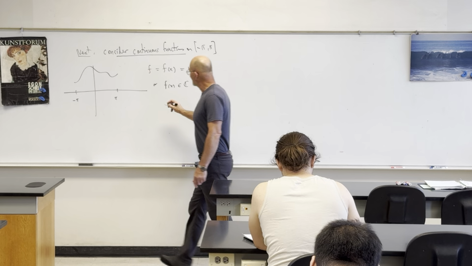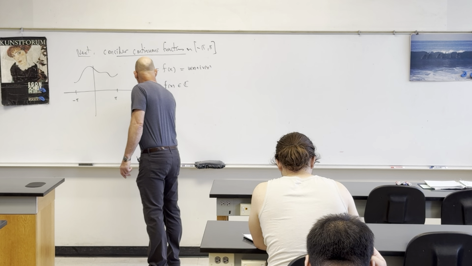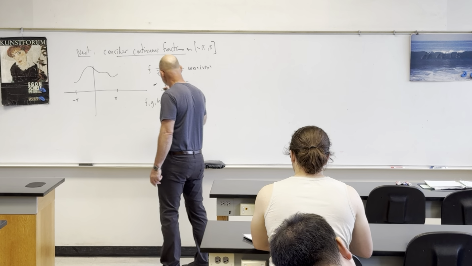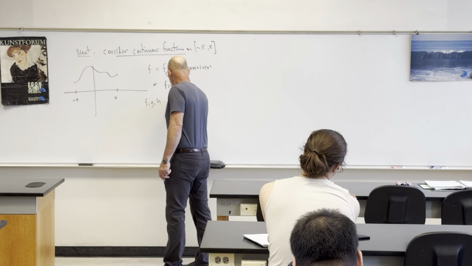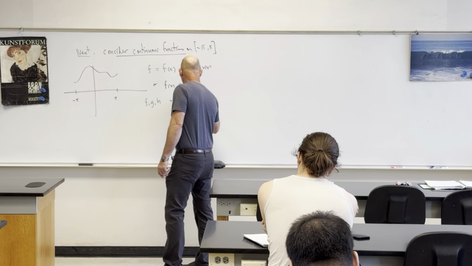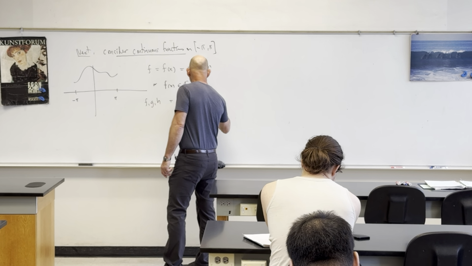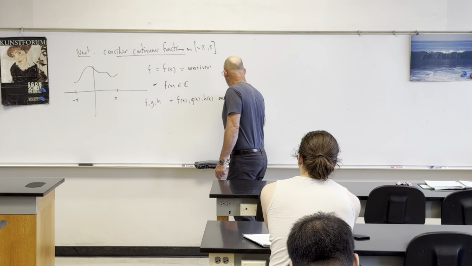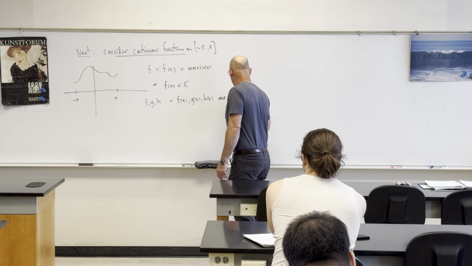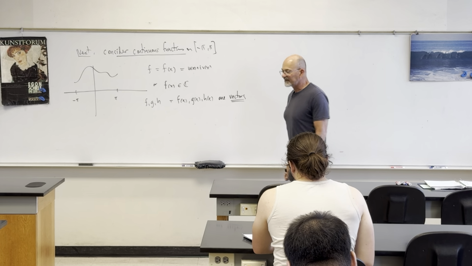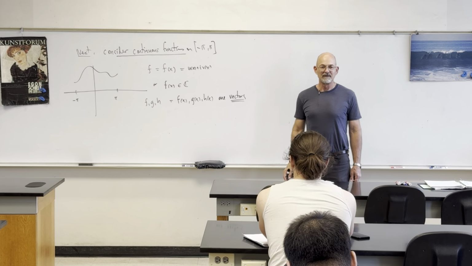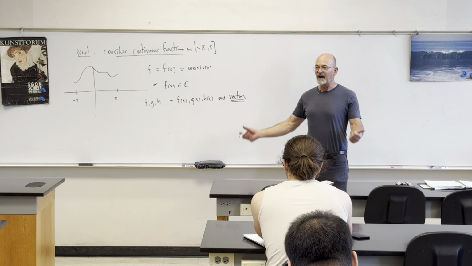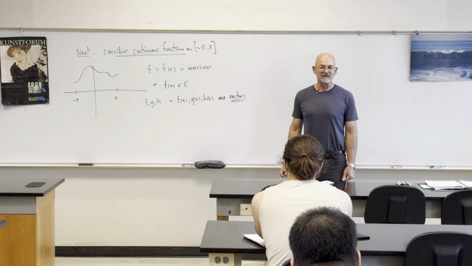So f, g, h, f of x, g of x, h of x are vectors. So what does that mean? They're not arrows, but why could they be considered vectors?